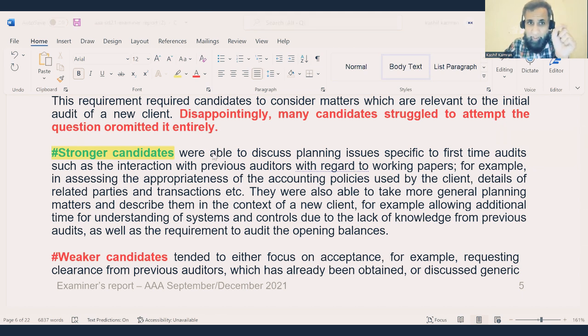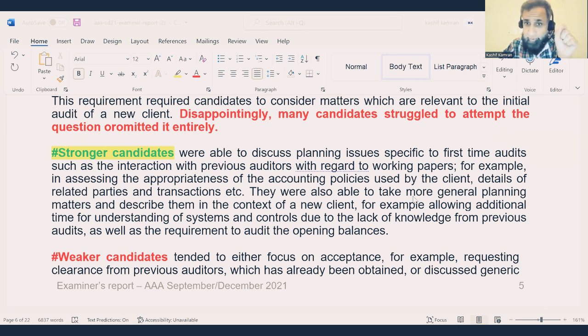Stronger candidates were able to discuss the planning issues specific to the first time audit, such as interaction with the previous auditor with regards to the working papers, for example, in assessing the appropriateness of the accounting policies used by the client, details of related parties and transactions.